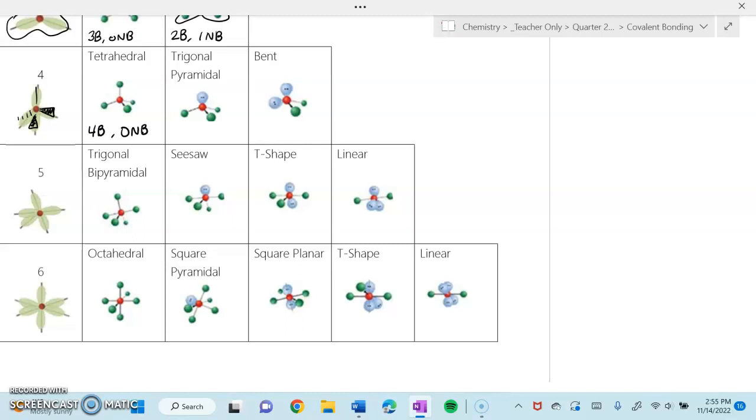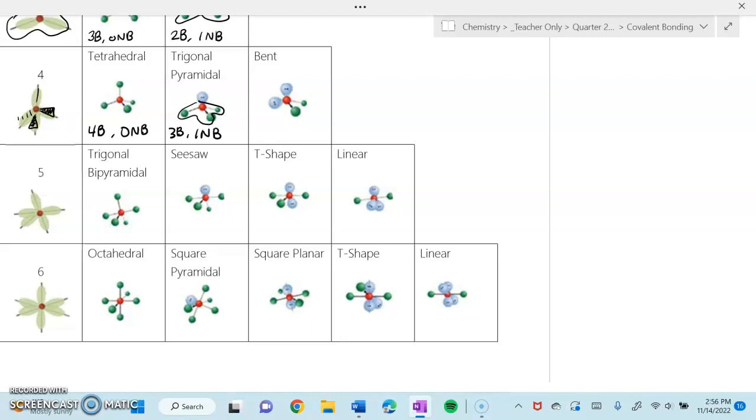Now, if one of them is a lone pair, think of losing that top of the tripod, and now we just have the tripod legs. The tripod legs at the bottom, this one's called trigonal pyramidal, or sometimes trigonal pyramid. Both can be used interchangeably. It's just those 3 bottom legs of the tripod, and it looks like a pyramid. This would be 3 bonding regions, 1 non-bonding region.